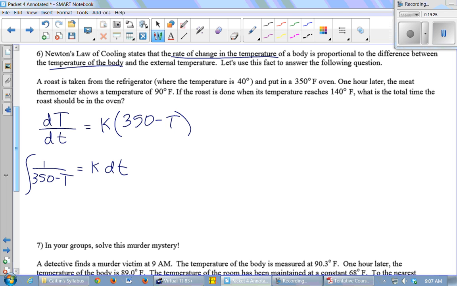Then integrate both sides. The antiderivative of 1 over 350 minus t is the ln of 350 minus t times -1, because of that -1 on the t in the chain rule. So that equals kt plus c.